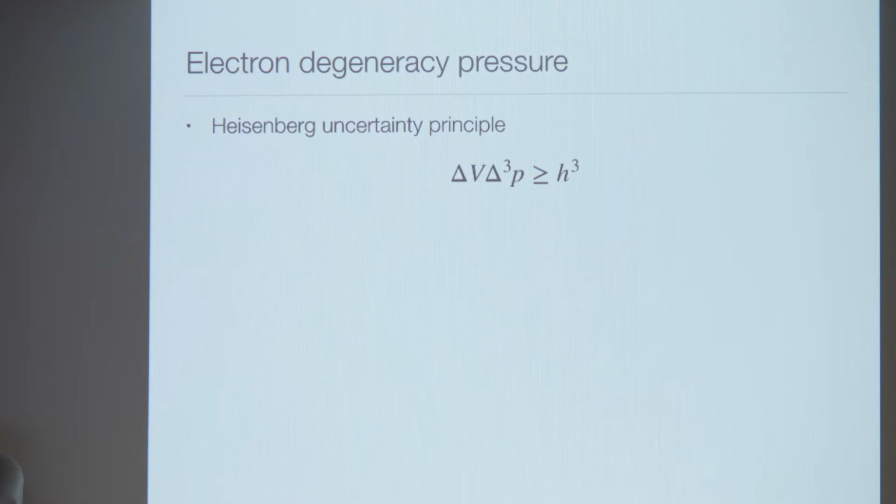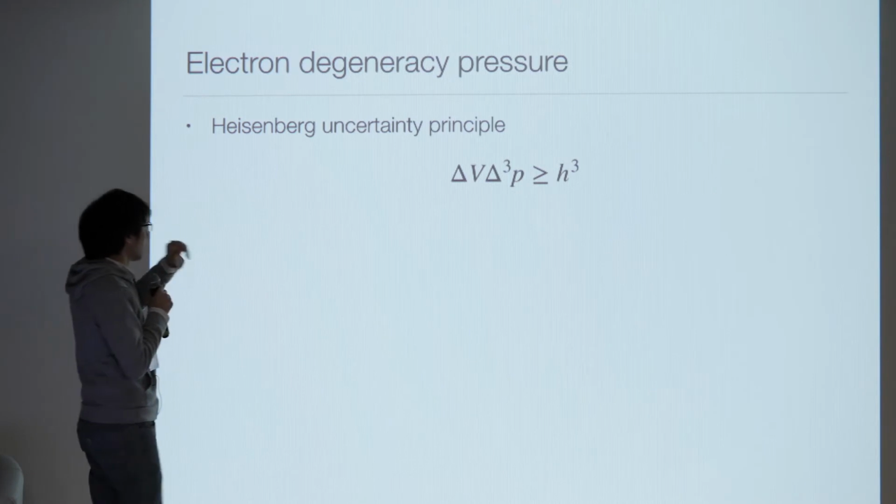So we were talking about the ideal gas pressure, and as the volume gets smaller and smaller, the temperature basically gives you some distribution of velocity. As the volume gets smaller, at some point we need to be careful about Heisenberg's uncertainty principle.